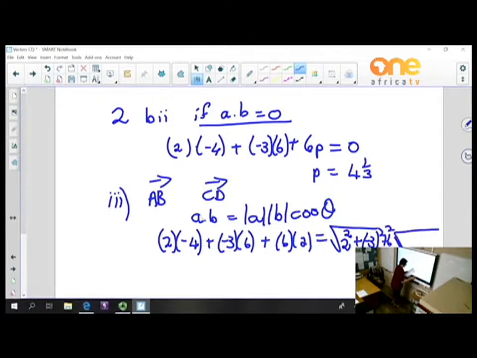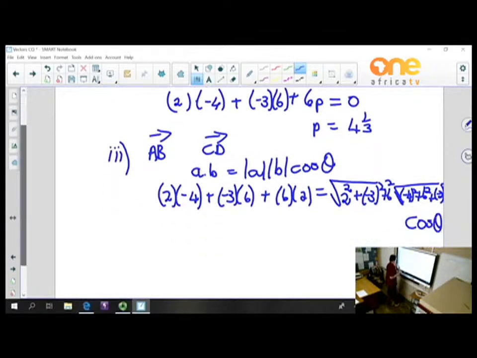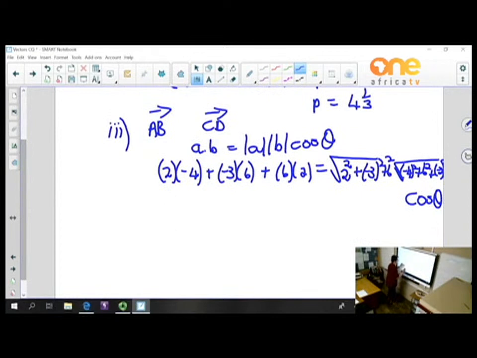Then the magnitude of the next one, which is negative 4 squared plus 6 squared plus negative 2 squared, times cosine theta. And again, it's very important that you write down your values every time.